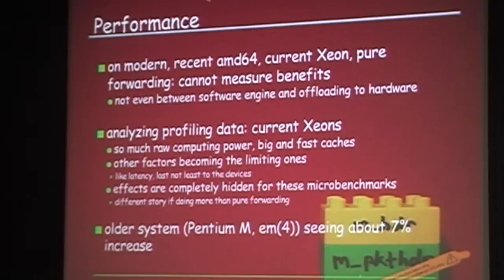The raw processing power in these is so fast that the offloading doesn't help them at all, because the limiting factors are not the CPU, it's latencies to the devices and everything. Running the very same tests on an older machine with a Pentium M, I get about a 7% increase. That's considerable for something optimized that much.